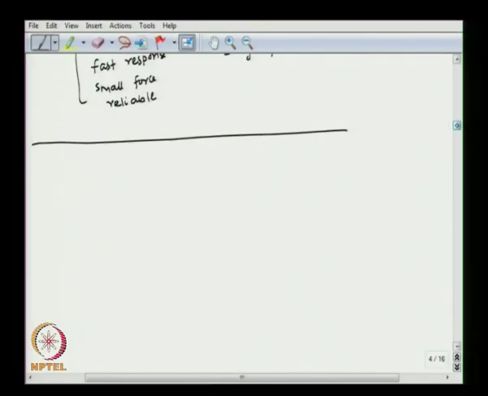Now let us look at the mechanics of the pump membrane. The pump membrane is an important part of mechanical micro pumps. So let us look at the pump membrane mechanics.